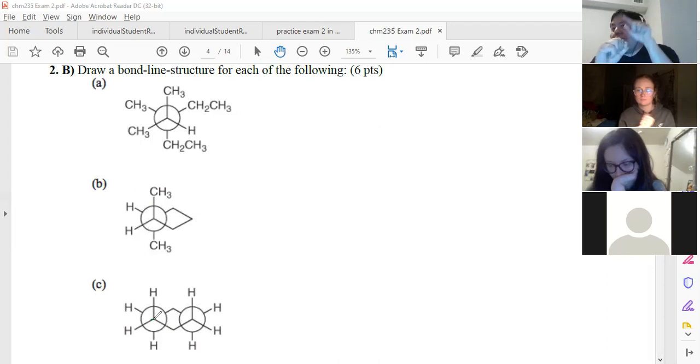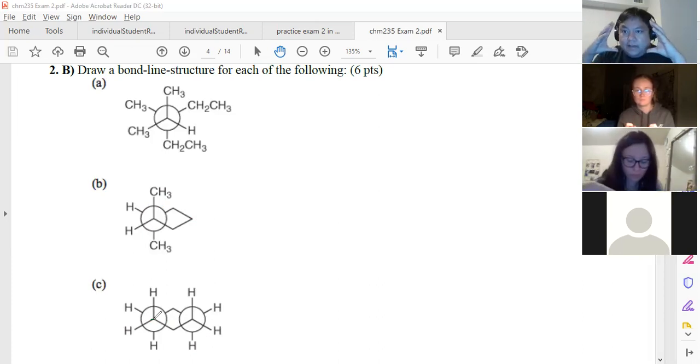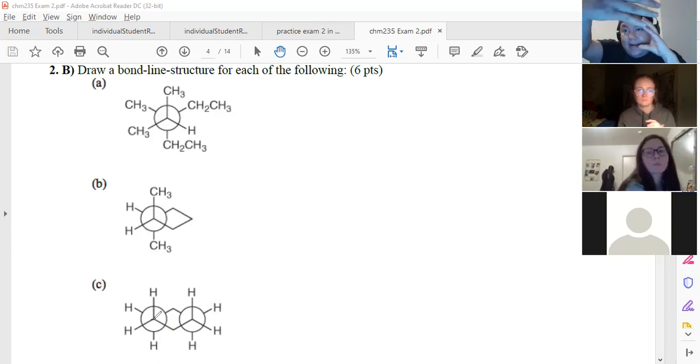It's only if I go straight back do I count this, right? It's just there. So what you're seeing is that circle is your front atom. That's your front carbon. And the carbon behind it is blocked.